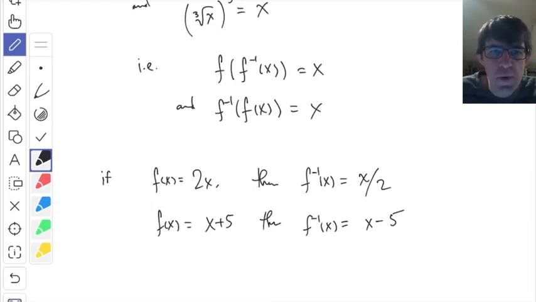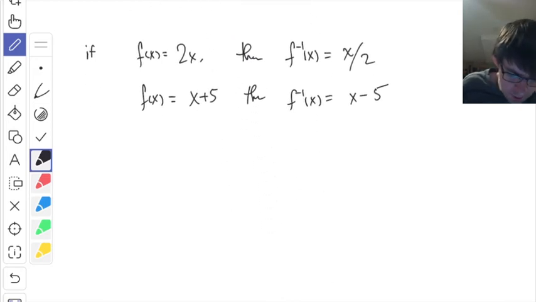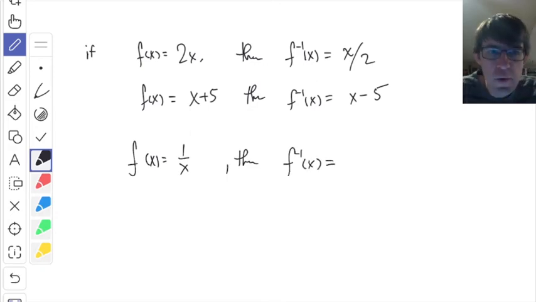But you have to think independently about each example. So for instance, here's a somewhat stranger one. What about f of x equals 1 over x? Then what is f inverse of x? If you go 1 over x, how do you undo that operation? This is a little weird.